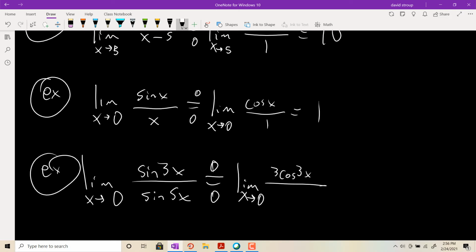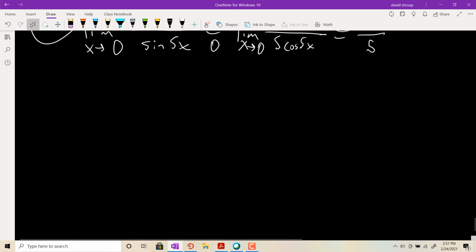The derivative of sine 5x is cosine 5x times 5. And then check the form again. You could keep on doing L'Hopital's so long as it's in the 0 over 0 or infinity over infinity form. If you plug 0 in here, though, you just get the answer, which is cosine of 0 is just 1, so it'll end up being 3/5. Okay. Let's look at another one.